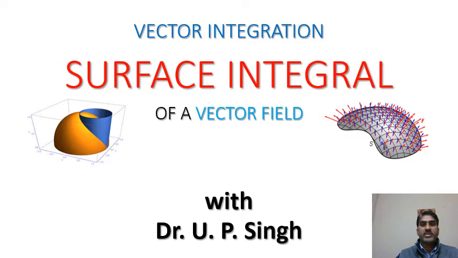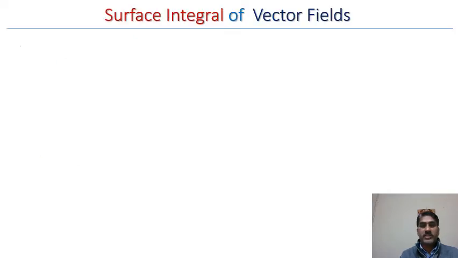So let us start. Just for the sake of revision, let us consider a 2D plane. Let this be x-axis and y-axis, and the origin is marked as O, and this is some vector v which has magnitude v.